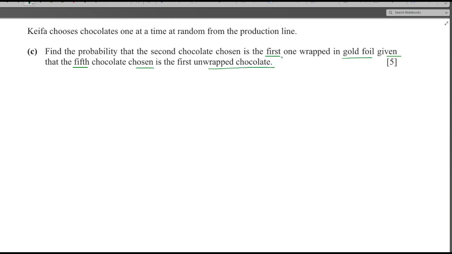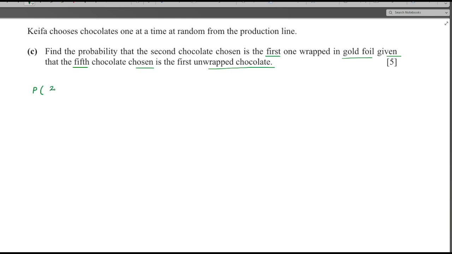So here it is a conditional probability. Now the condition given to me is that the fifth chocolate chosen is the first unwrapped chocolate. So I have to find the probability that the second chocolate is the first one wrapped in gold foil.